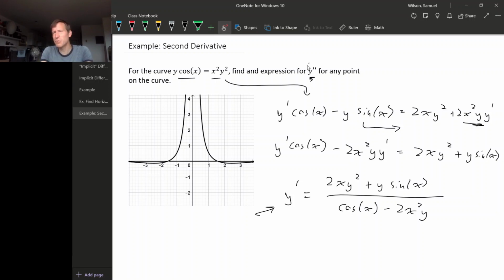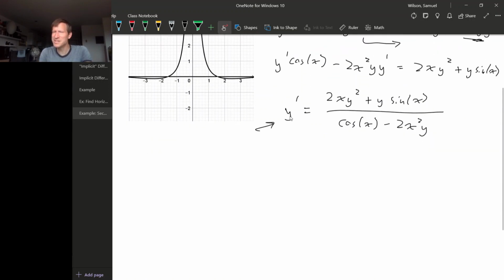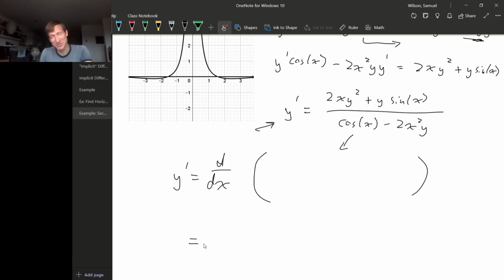All right, so this is y prime. Well, if we're looking for y double prime, I guess what we need to do is just differentiate again. So y double prime is going to be the derivative of this whole mess. Okay. Now, in principle, this isn't difficult. In detail, of course, we have to be really careful about the quotient rule and the chain rule as we take this derivative.